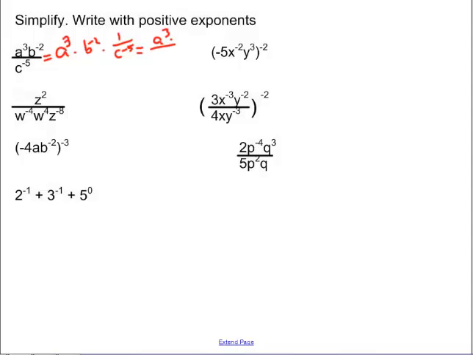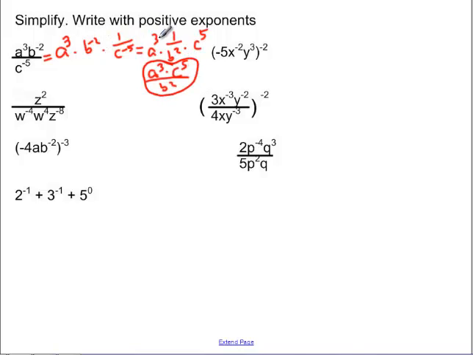This would be a cubed times 1 over b squared times c to the 5th power. And that would give us a cubed in our numerator times c to the 5th power over b squared. And there's our answer.